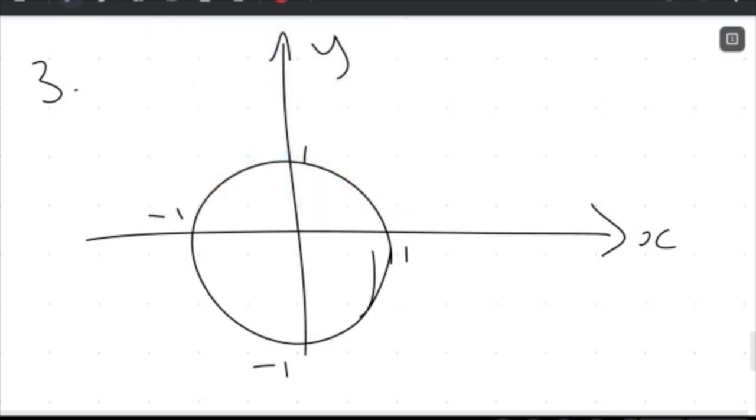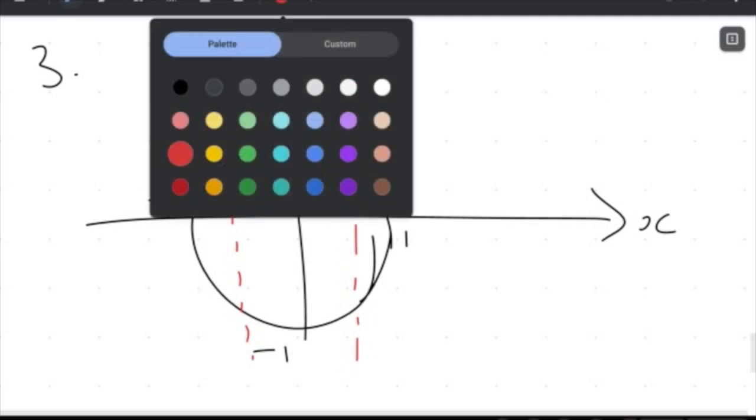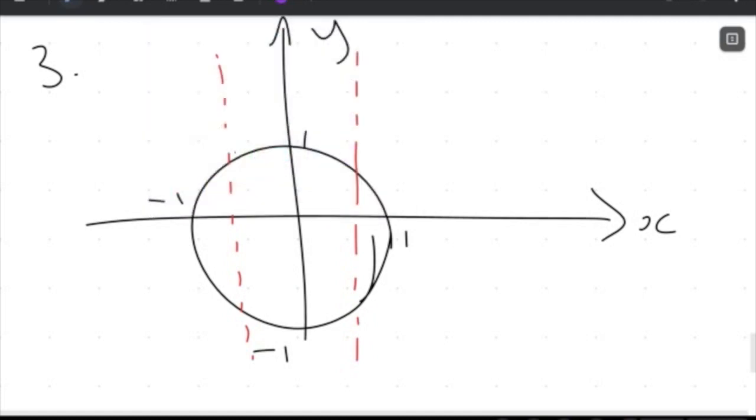Now, because I already have this shown visually, let me just draw some vertical lines and see what happens. So, after I draw in these lines, let me just mark the points where my graph is being intersected by these lines. Now I can already see here that 1 and 2 points on this graph are being intersected by the vertical line.